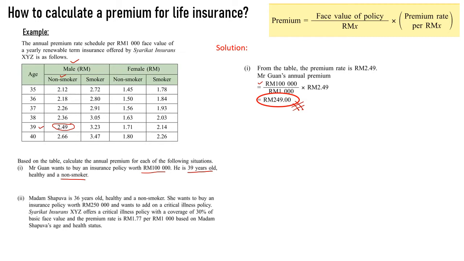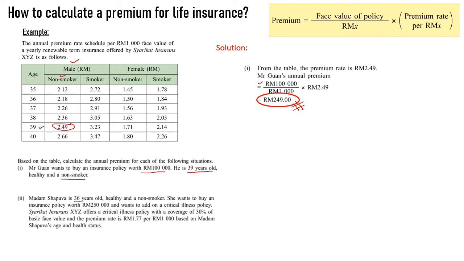Syarikat Insurance XYZ offers a critical illness policy with a coverage of 30% of basic face value and the premium rate is 1 ringgit 77 cent per every 1,000 ringgit Malaysia based on Madam Shapova's age and health status.